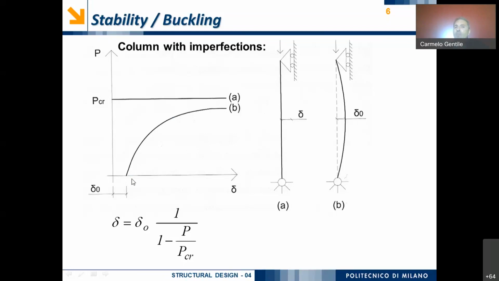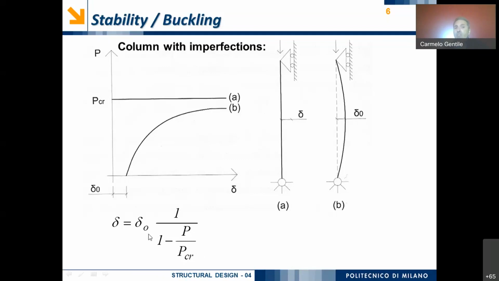If I want to express this in terms of an equation, I can see that the deflection delta corresponding to an initial imperfection of delta zero and a certain value of the applied load P, of course, depends also on the value of the critical load.